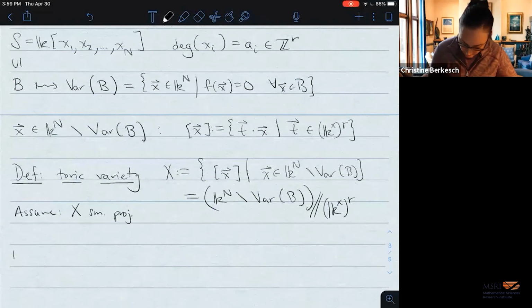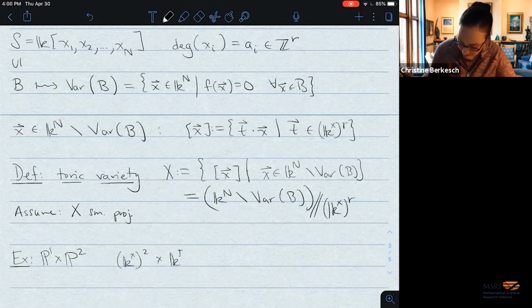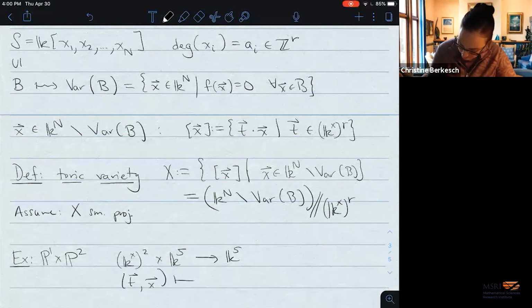All right, so perhaps the easiest example here we could go with is a product of projective spaces, once I'm moving past a single projective space. So here I need now 5 copies of my field. And now I'll scale. I'll use my first component of T to scale on the first 2, and the second component to scale.